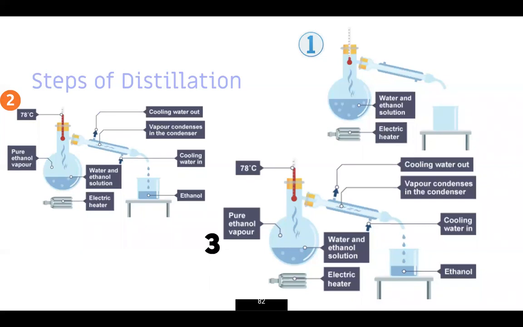Right, and that pure ethanol now becomes a vapor, and the cooling water separates. The vapor condenses in the condenser, and by cooling that water, now we have ethanol separated from the water. And then that step three, right? We can then see even more so.